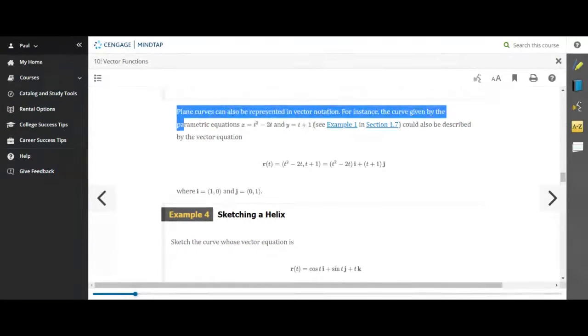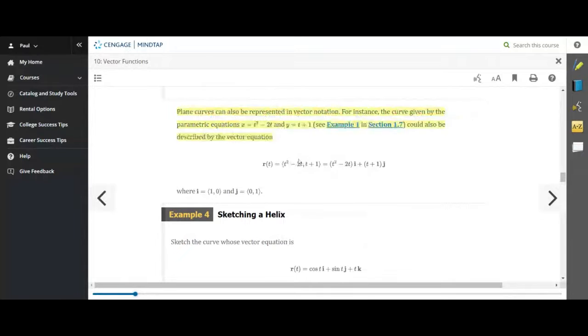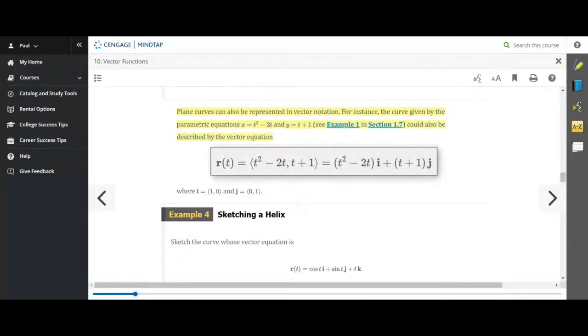Now they make another comment. We're looking at curves in three-dimensional space, but plane curves are curves in two-dimensional space. They can be represented also by vector notation.